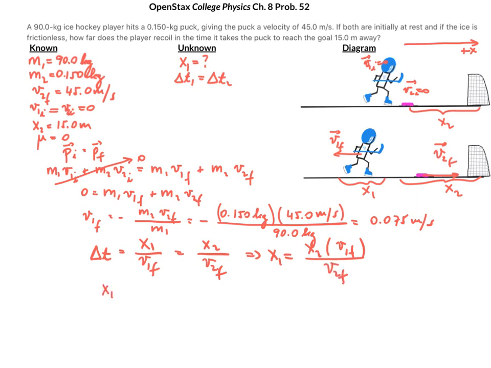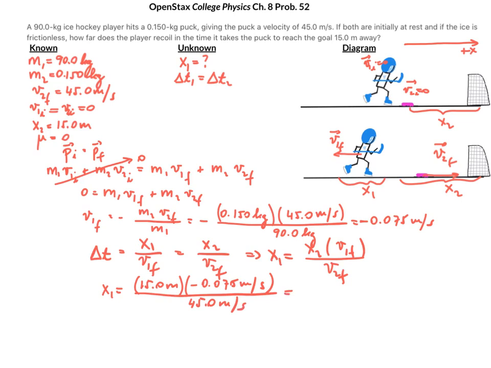So x1 will be x2, that is 15 meters, times v1 final that we just calculated, and it should be negative, so it's minus 0.075 meters per second, divided by v2 final, which was 45 meters per second.